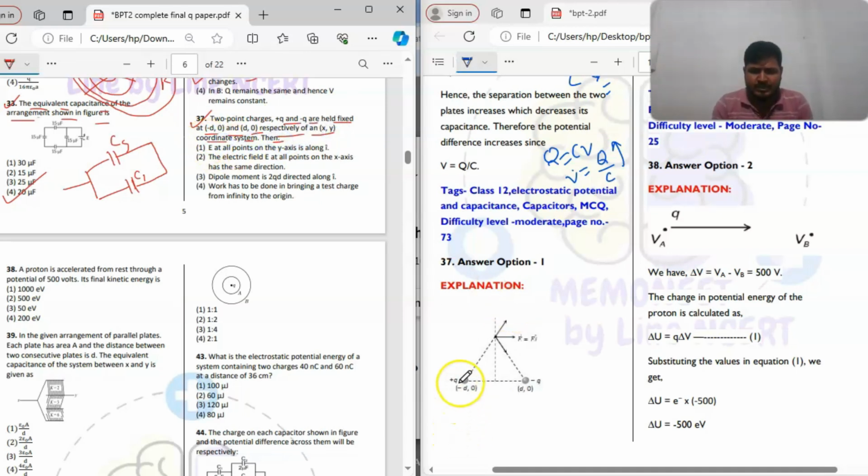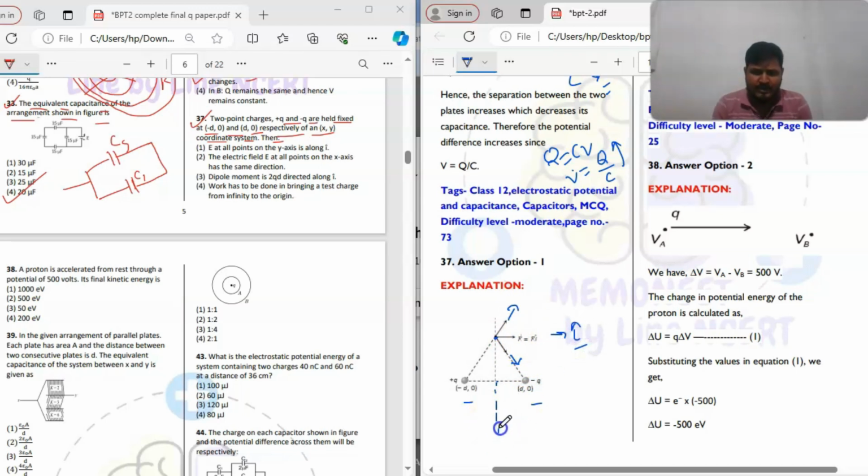So this is the system where we have placed the two charges, plus Q and minus Q. Suppose we find the electric field at all points on the y-axis. When we find the direction, the electric field due to plus Q is towards this one, and the electric field due to minus Q is towards this one. So what is the net electric field? The net electric field is always towards the positive x-axis.